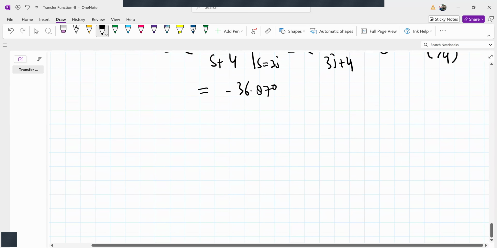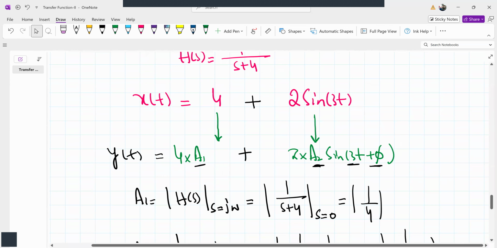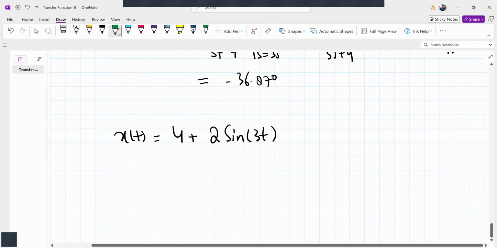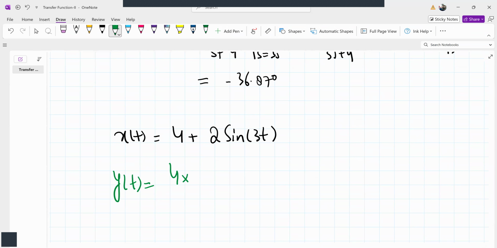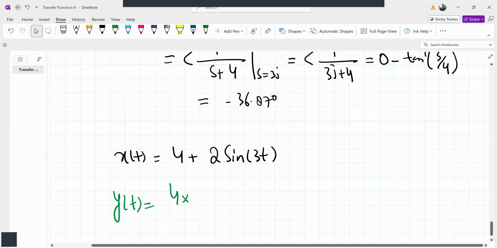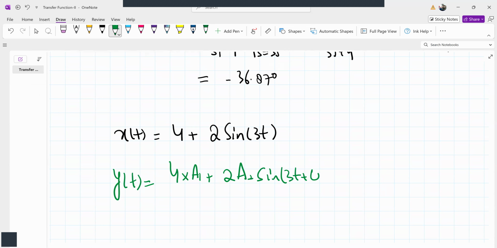So the input is 4 plus 2 sine 3t. The corresponding output y of t is 4 times A1 plus twice A2 sine 3t plus phi. We wrote a single phase because there is only one phase.